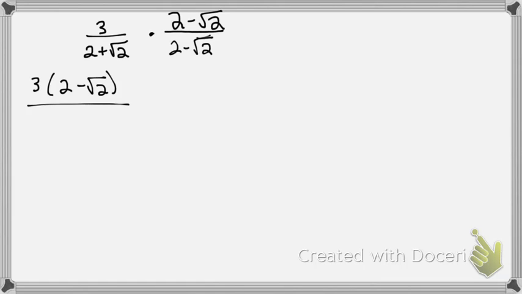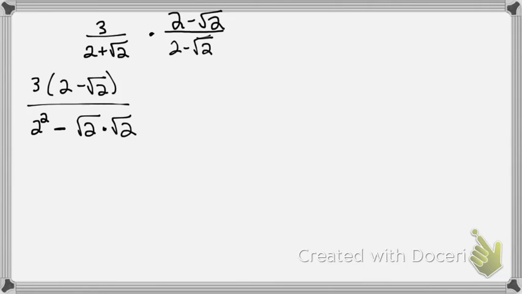Now, on the bottom, remember, I'm multiplying the 2 times the 2, so you can think of it as 2 squared. That's fine. This negative is going to take precedence. And then you're going to have the square root of 2 times the square root of 2. Same thing we had last time.